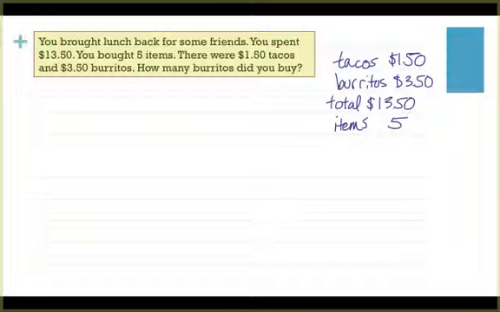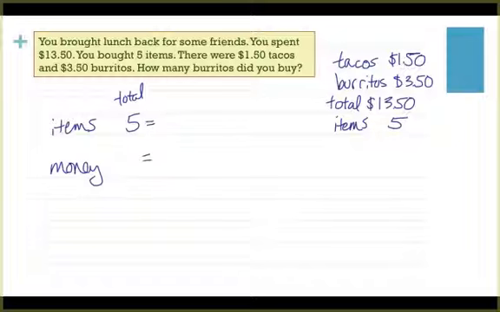Okay, so this is very similar to the last one. We'll make sure we get some different examples in there, but these examples are really common. This stuff comes up all the time. We're dealing with items and money. Items, we know we have a total of 5.